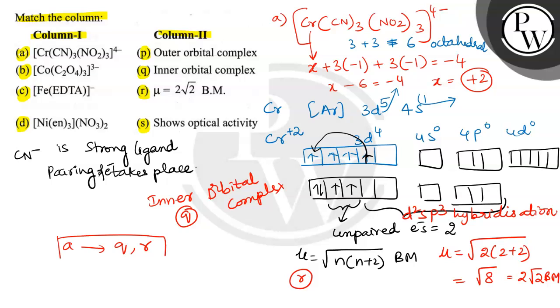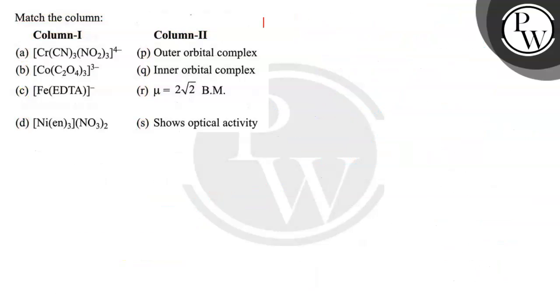Okay. Now let us see this option. Option B देखेंगे. Option A का आंसर तो हमें आ गया. A is Q and R match हो रहा है. So next let us see option B. So option B में दिया है cobalt complex Co(C2O4)3, oxalato ligand, and it is a bidentate ligand.